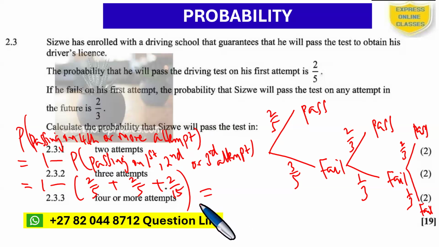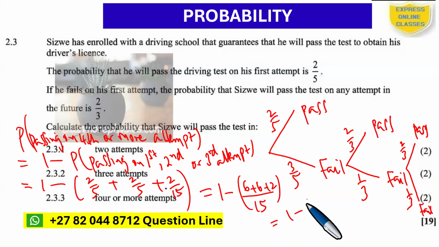So now here we use our calculator, 1 minus. We can take out 15 here. 15 divided by 5 is 3, so it's 6 plus 6 plus 2, that is 14 out of 15.